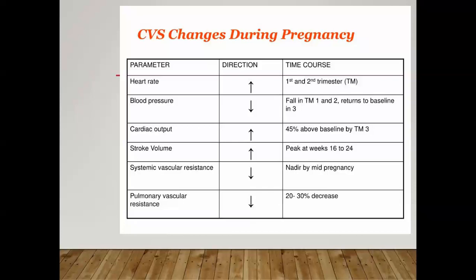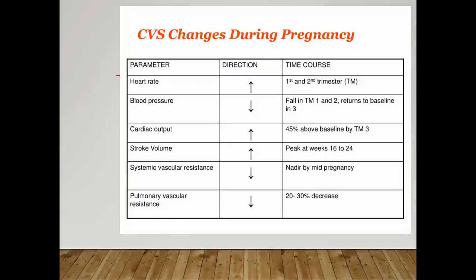While there is a decrease in systemic vascular resistance, mainly in mid-pregnancy, and this is why we will have hypotension: there is increased cardiac output, but with it a decrease in systemic vascular resistance, so the blood pressure will decrease.